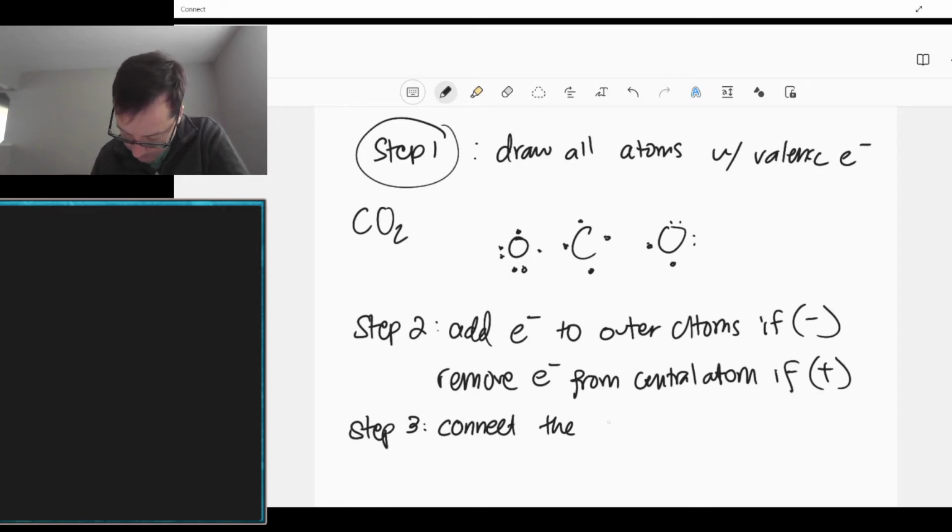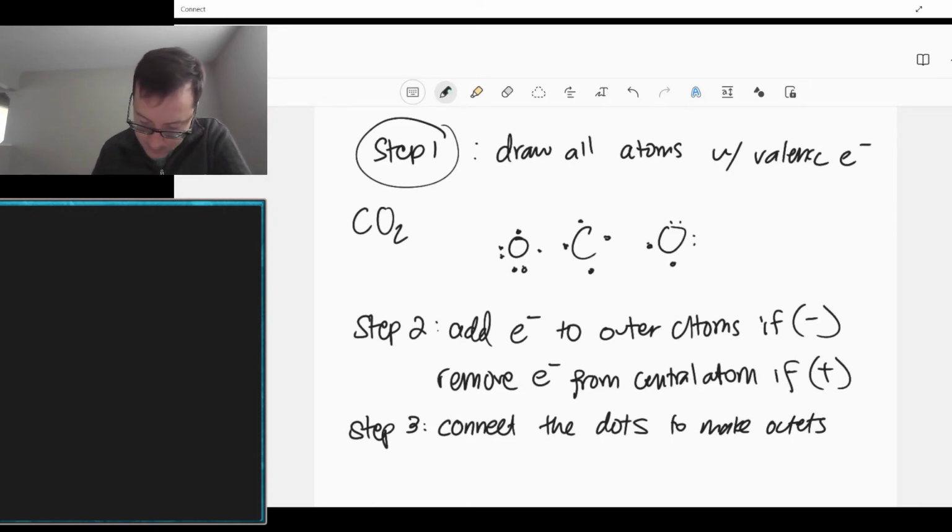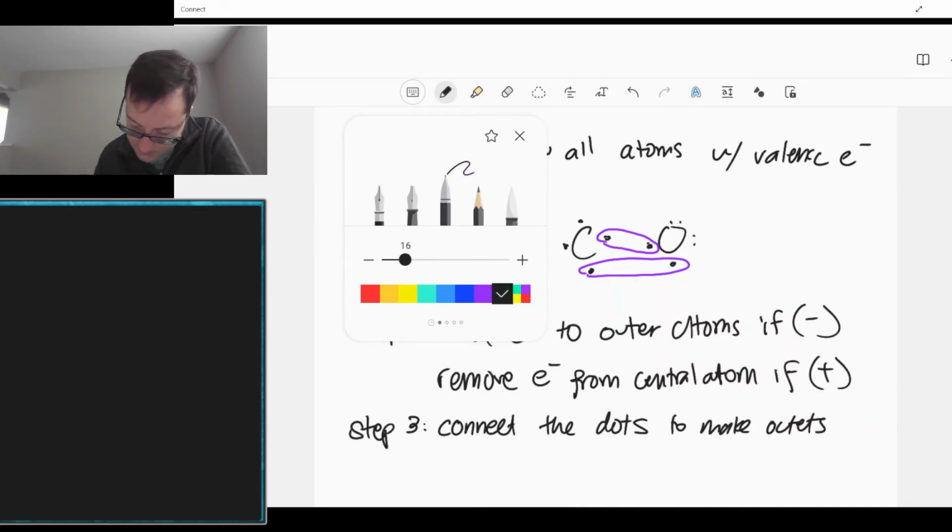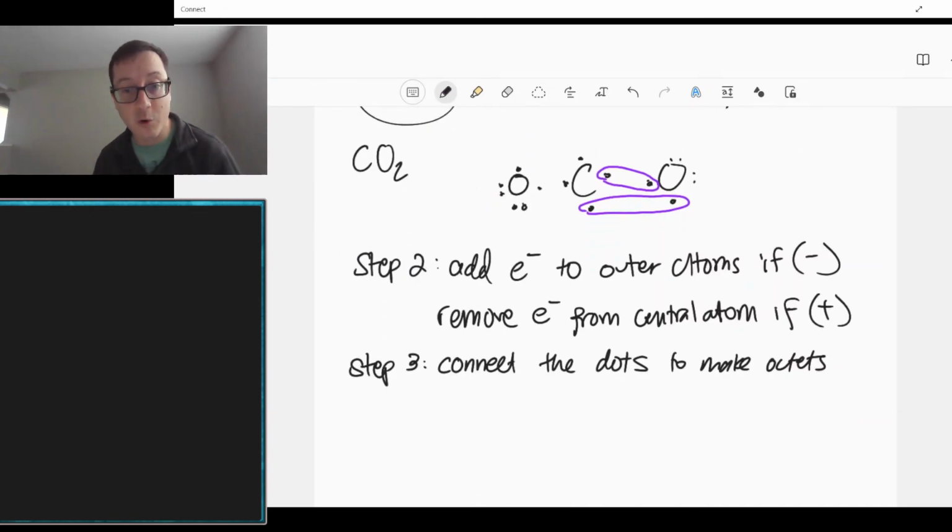Step 3: connect the dots to make octets. So what that looks like is we'll be like, aha, well, we're going to connect those to satisfy your outer atoms. That's kind of the big part. We're going to satisfy our outer atoms more than the central atom.